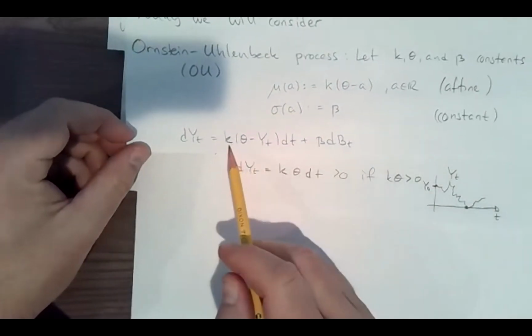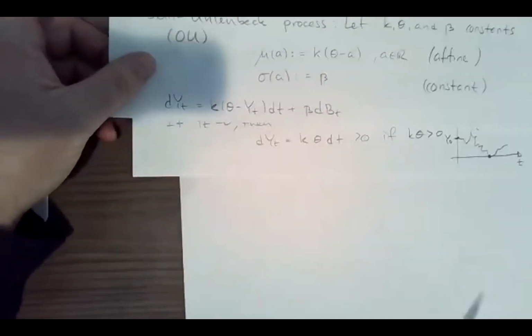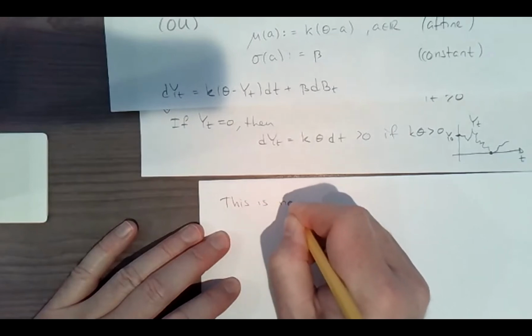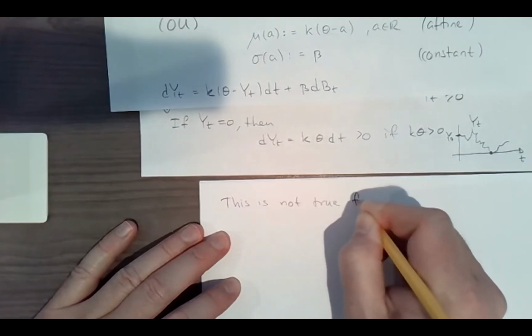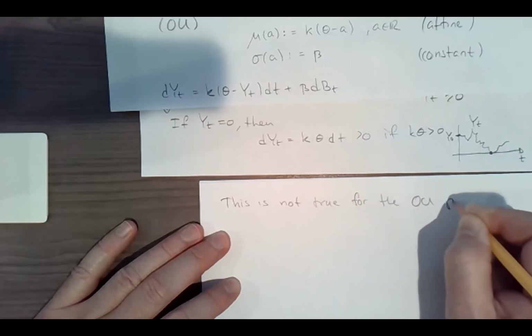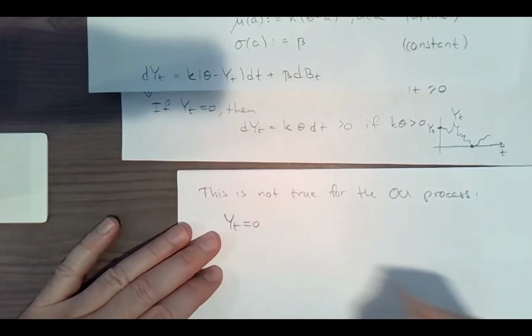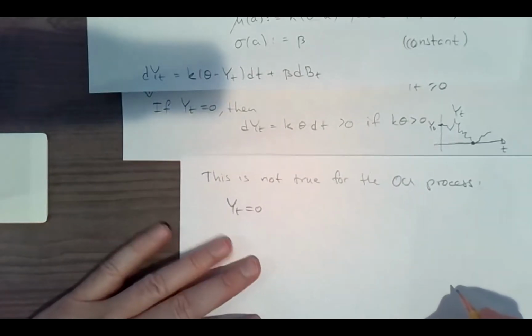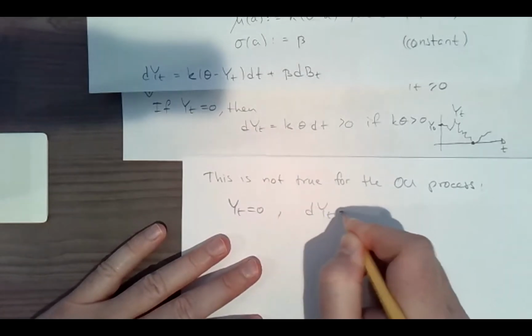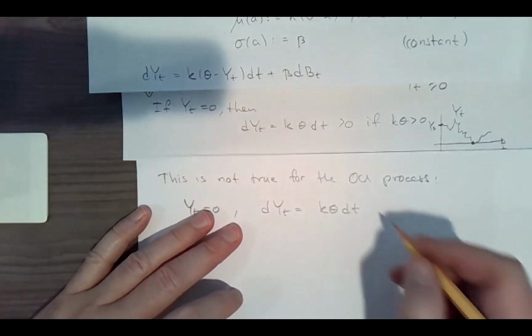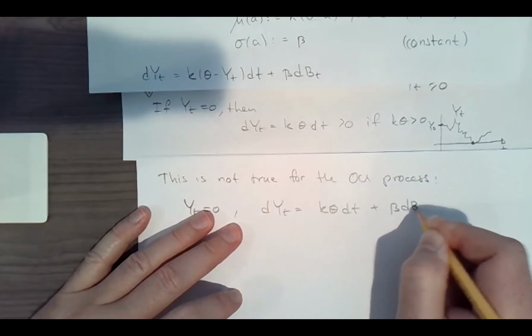If you look at this for the Ornstein-Uhlenbeck process, this doesn't work. This is not true for the OU process. Say that yt is 0, then what is the change in y? Again it will be kappa theta dt, but you'll also have beta dBt.